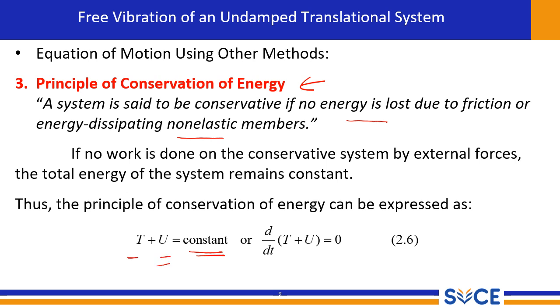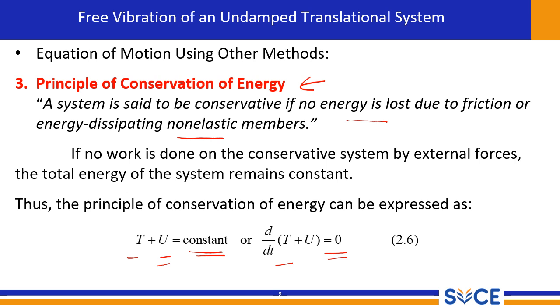We express this mathematically as T plus U equals constant, where T represents kinetic energy of the system and U represents potential energy. Another way to state this is that the time derivative of the total energy is zero, meaning the total energy isn't changing over time.